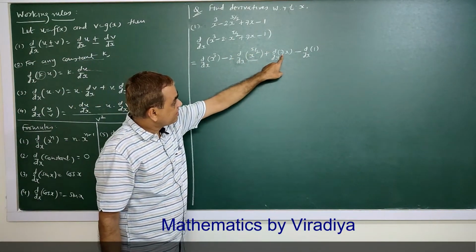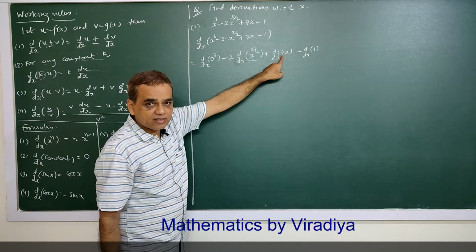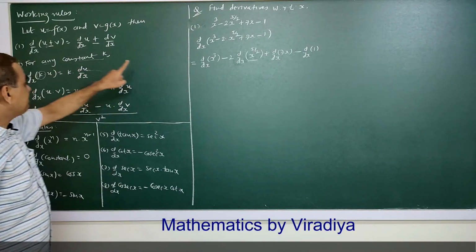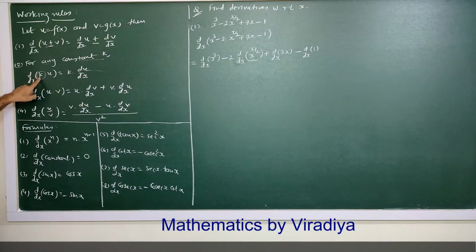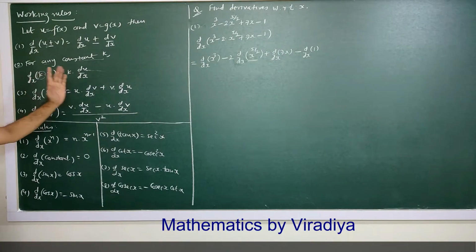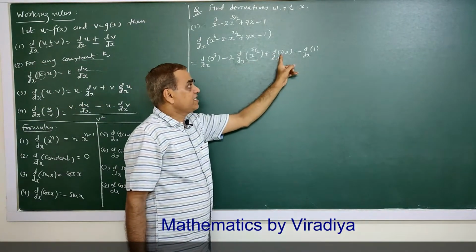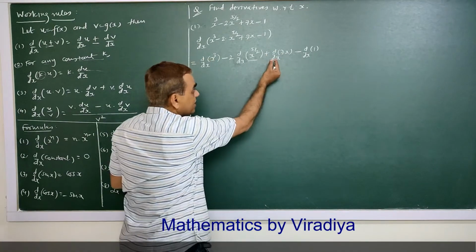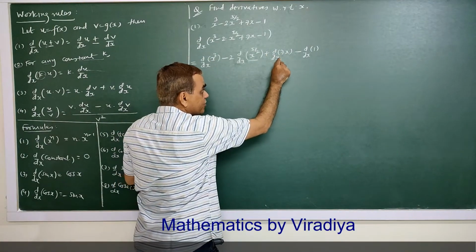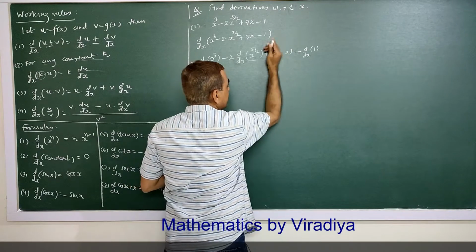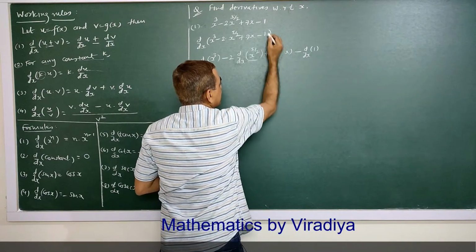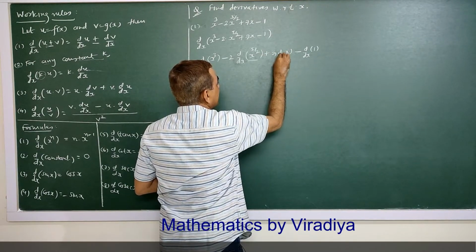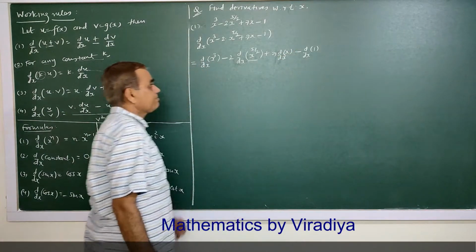Similarly, 7 is like k. If any constant is in multiplication with the given function, then take that number outside. So it will be 7 times d by dx of x.